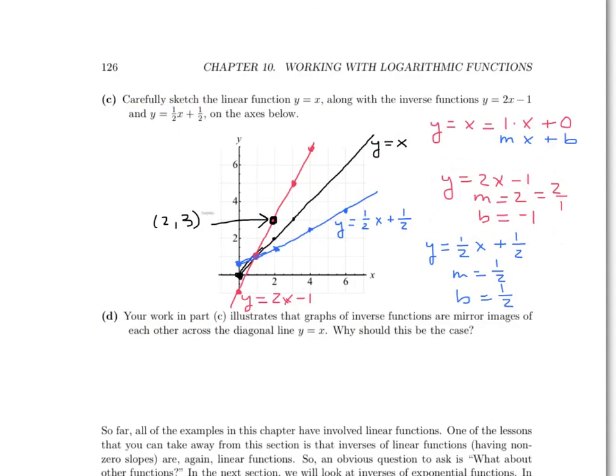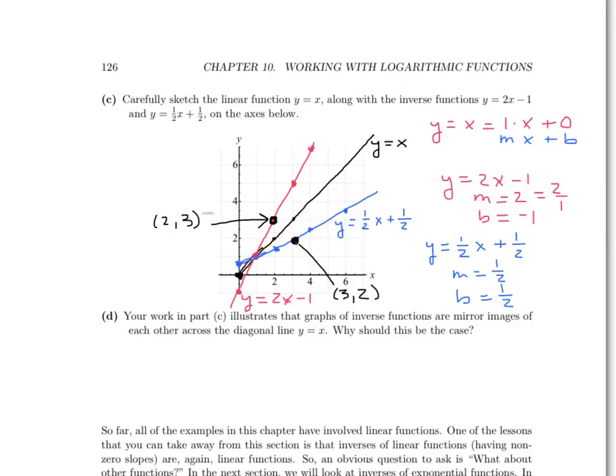And notice that right here, this is 3, 2. That's a point that is on the graph of the inverse function, and you can see that the input-output pairs are reversed from each other. These 2 points here are mirror images of each other when you are looking at the diagonal. These are directly opposite of each other when you look across this line.